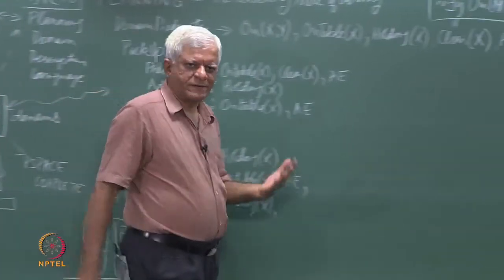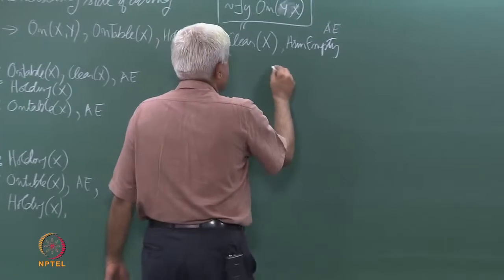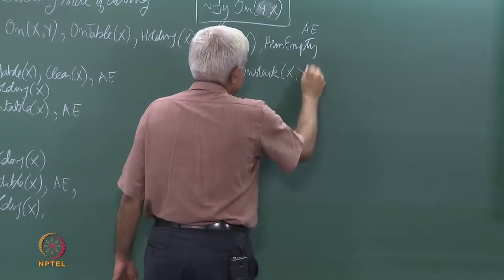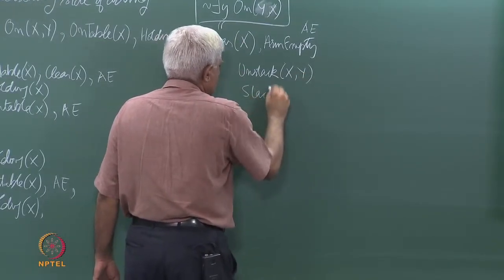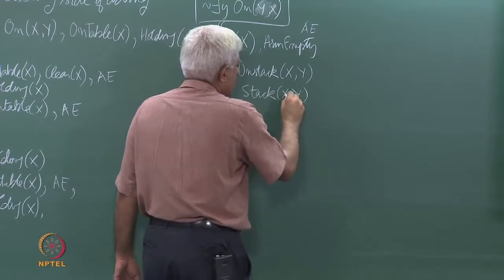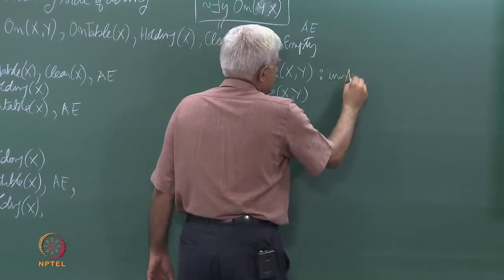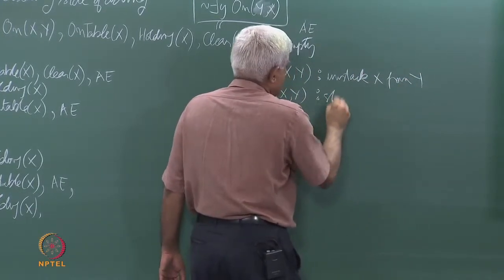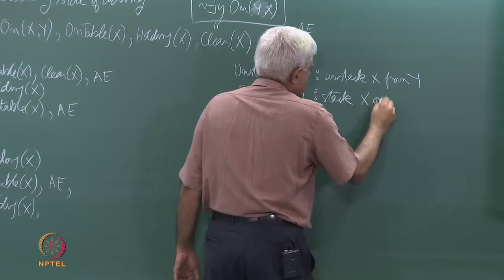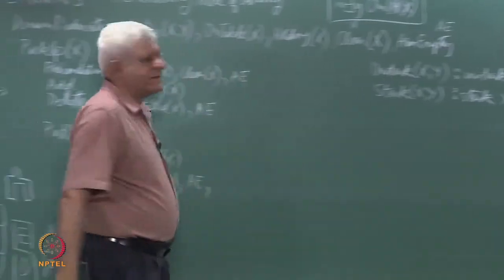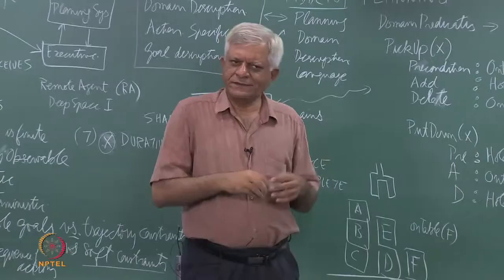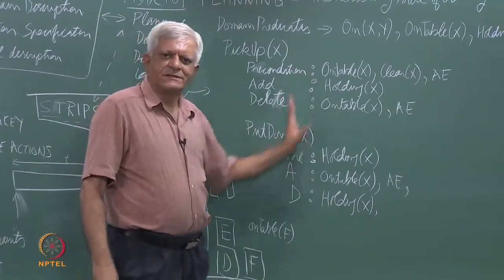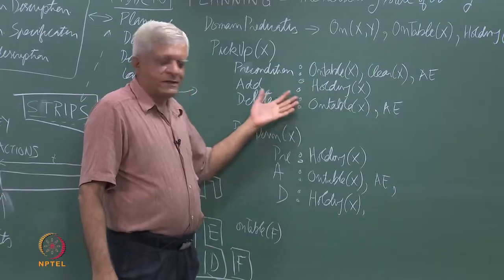Corresponding to this, there are two more actions, which we call as unstack and stack. Okay, so, I will just name the actions or operators and I will expect you to describe them in more detail with this 3 lists, precondition list, add list and delete list.